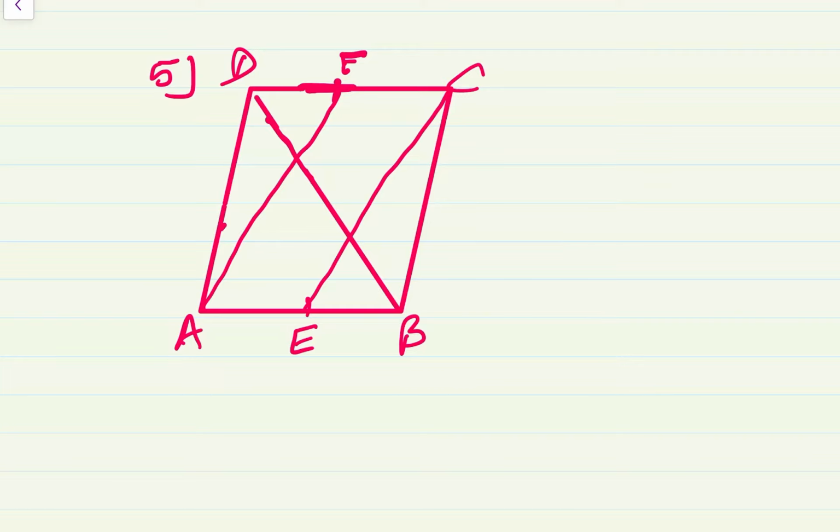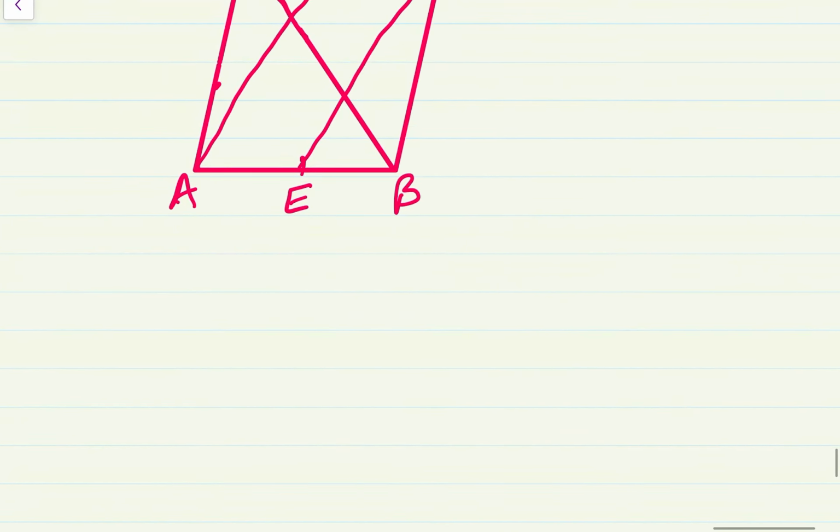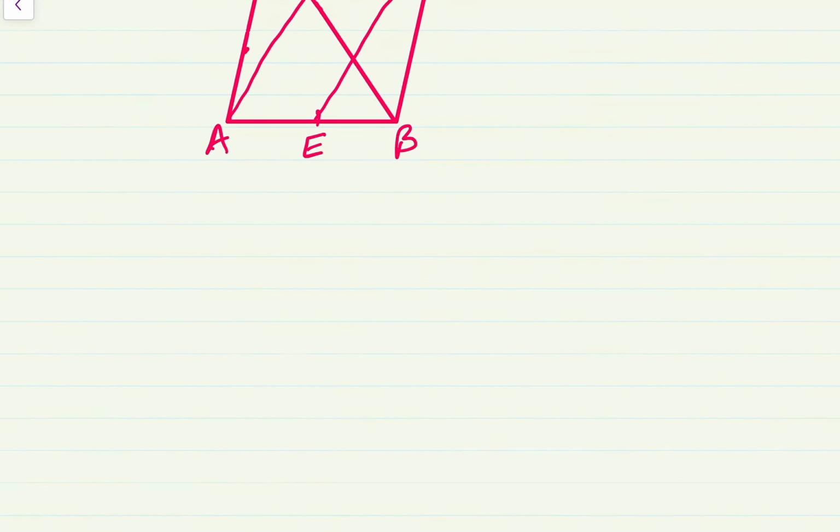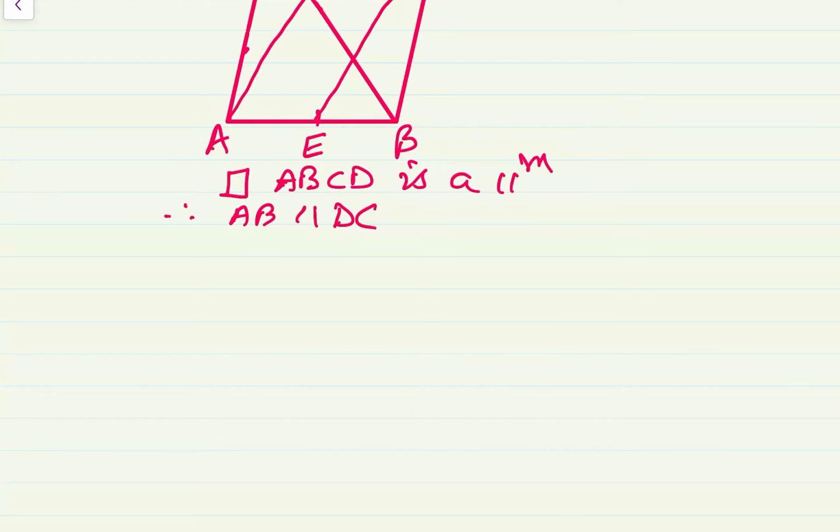Now here we know that since opposite sides of a parallelogram are parallel and equal, quadrilateral ABCD is a parallelogram. Therefore, AB is parallel to DC, and AE is parallel to FC, that is your first result.